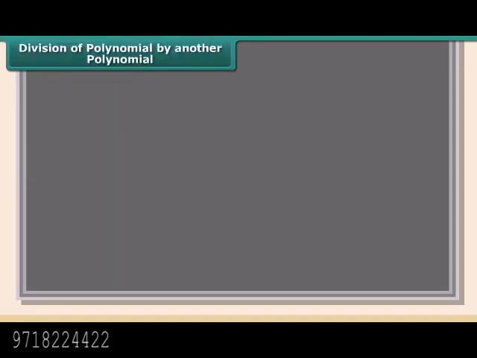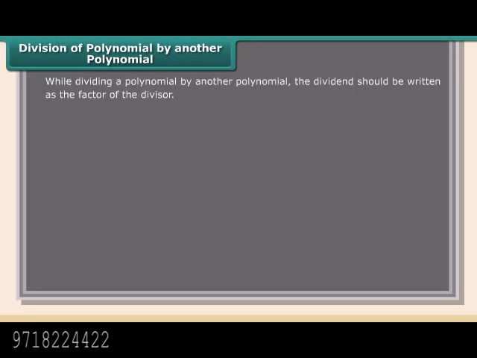Division of polynomial by another polynomial. While dividing a polynomial by another polynomial, the dividend should be written as the factor of the divisor.